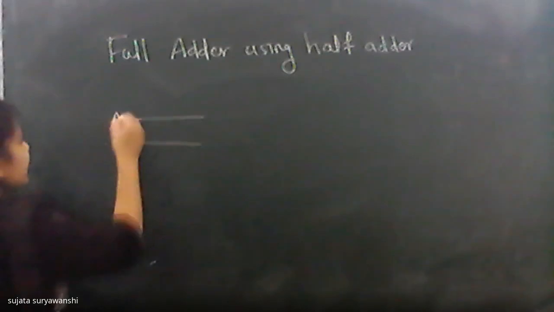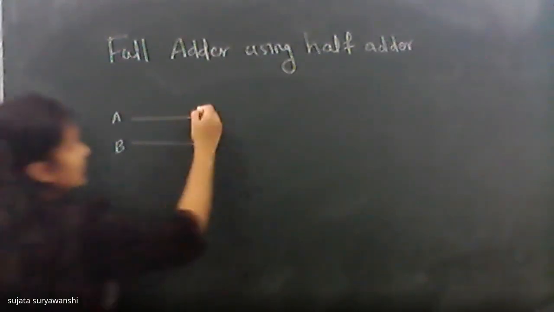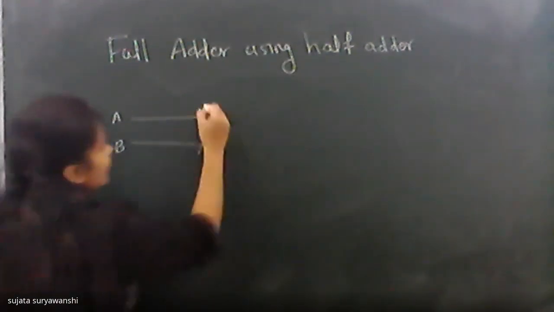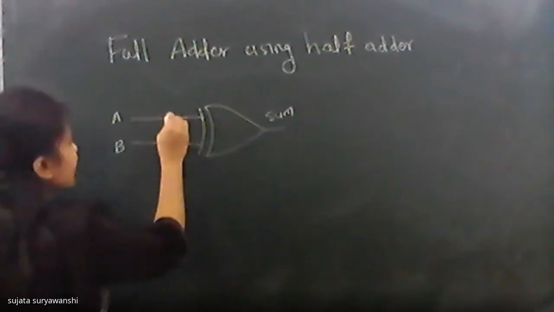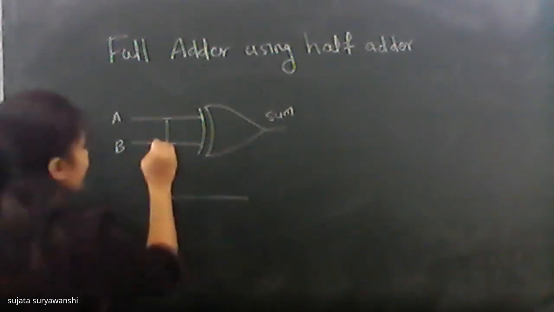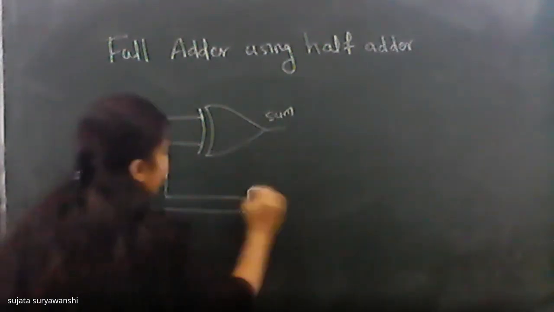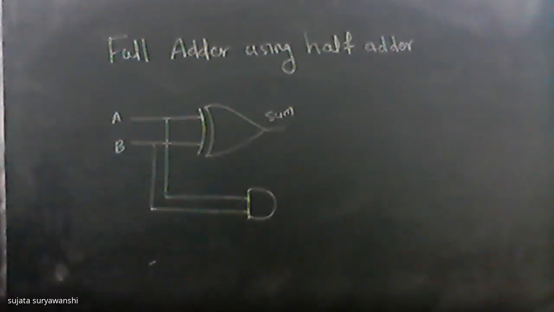So input is A and B. Then these inputs are given to an XOR gate, which gives sum. And carry is equal to A into B. A into B means you have to use an AND gate here. This is your first half adder.